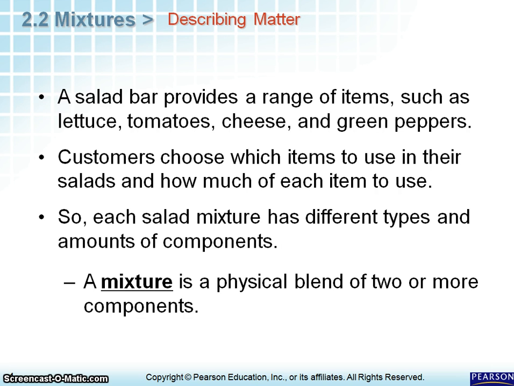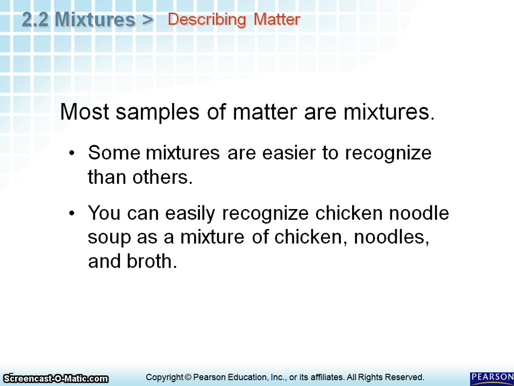So when we look at a mixture, it's a physical blend of two or more components. So what kind of mixture would a salad from a salad bar be? Hopefully you'll understand it by the classification of the two kinds of mixtures.